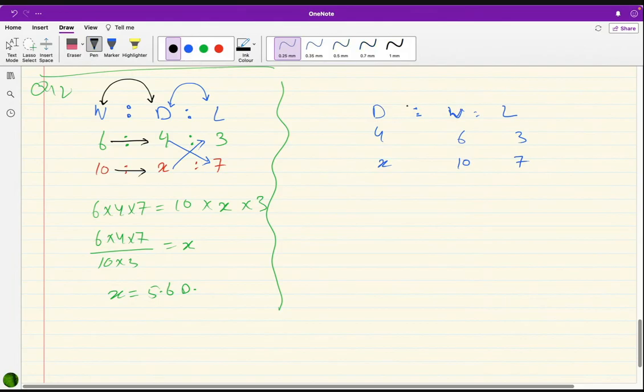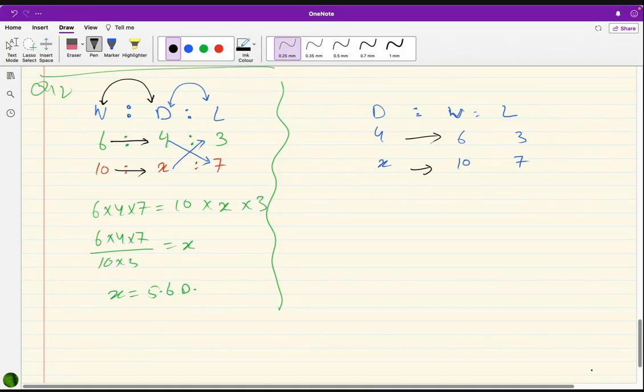Now see, days and workers are inversely proportional, and workers and depth, directly proportional or inversely proportional? It's direct, right?